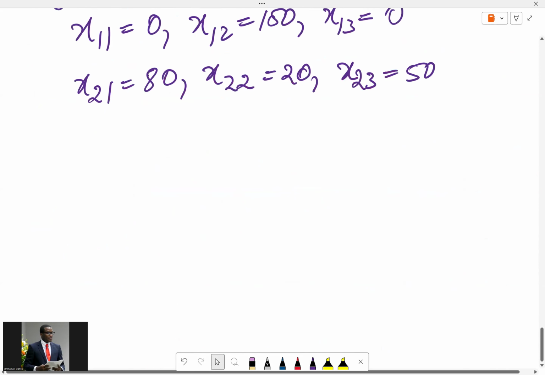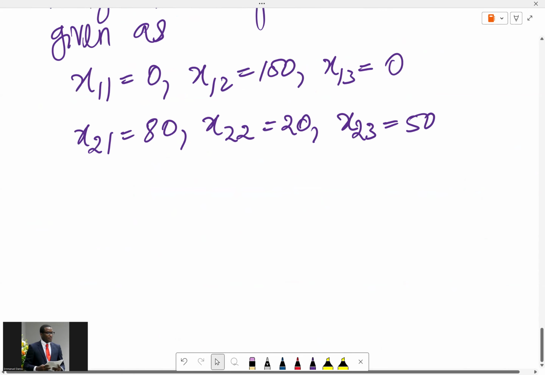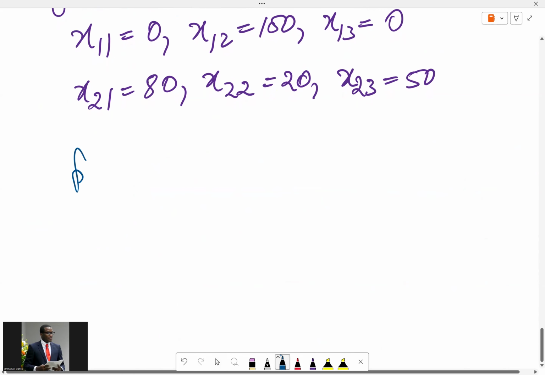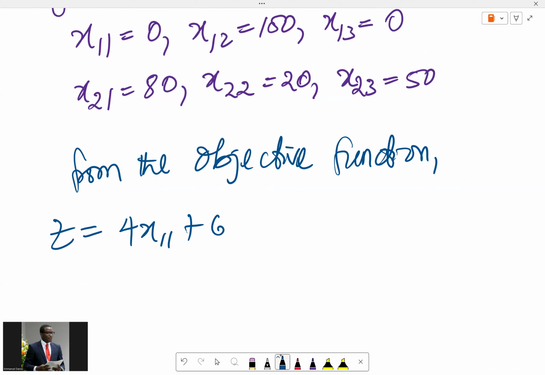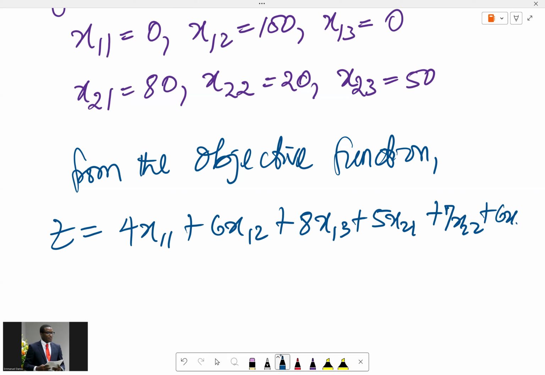If you put all this into the objective function, which is given as z equals 4x11 plus 6x12 plus 8x13 plus 5x21 plus 7x22 plus 6x23.